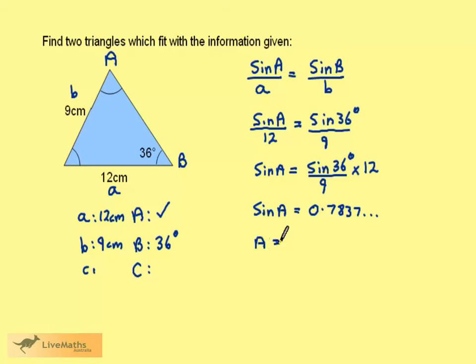We want the angle A, so we do inverse sine, shift sine on our calculator, of 0.7837 and so on. And this gives us that A is equal to 51.6 degrees, correct to three significant figures.